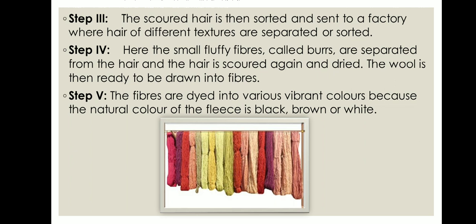The wool is dried and sent for spinning into yarn. It is then packed into bales. So the wool is then ready to be turned into fibers. And last, spinning. The fibers are dyed into various vibrant colors because the natural color of the fleece is black, brown, or white.